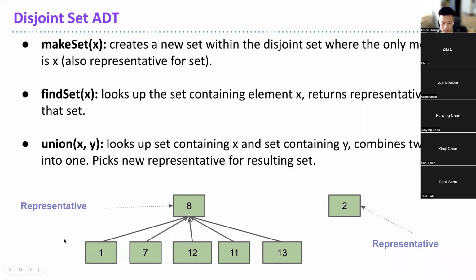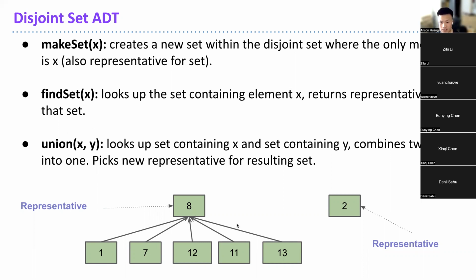And over here, we have another disjoint set, but this one has a representative 8 and a bunch of nodes pointing to it. So what does that even mean? Well, if you call find set on, let's say 12, it will look up the set containing element X and return the representative of that set.